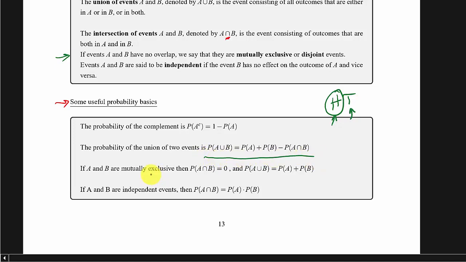What they're saying is if you have two events and they're mutually exclusive, then you're not going to have this part of the formula when you have the probability of A union B, because this right here is just going to go to 0 if they're mutually exclusive. And then if A and B are independent events, then the probability of A and B is just the probability of A times the probability of B. You can multiply them together. Okay? That's if they're independent.